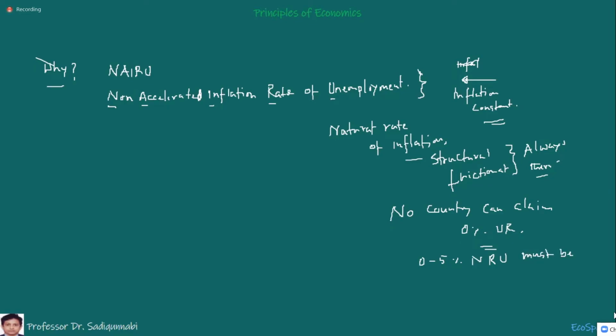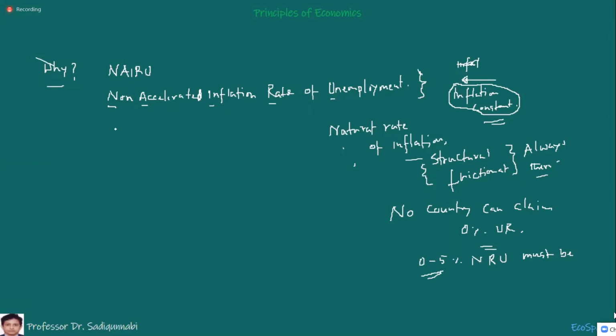Whatever may be the country, maybe USA, maybe England, maybe Japan, unemployment rate is there naturally. And this unemployment is a must because of structural and frictional unemployment. Natural rate of unemployment is there. And this natural rate of unemployment makes some constant behavior in inflation movement.